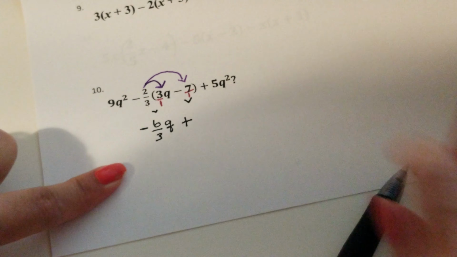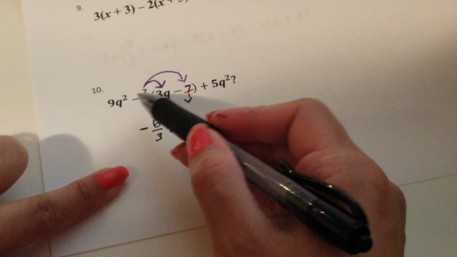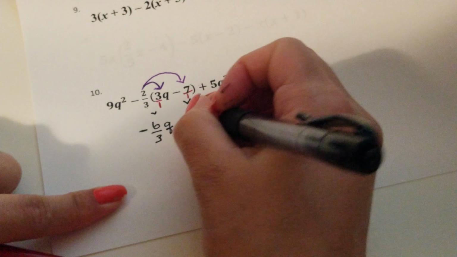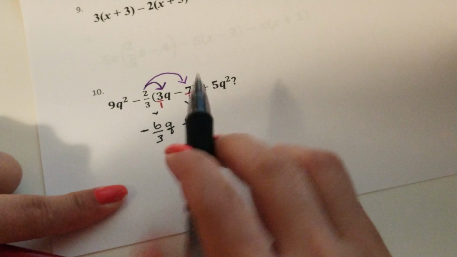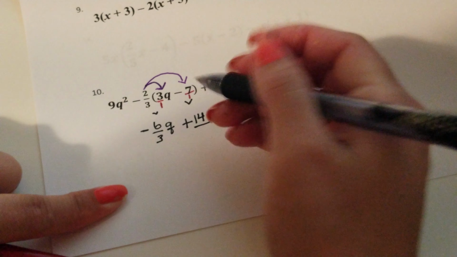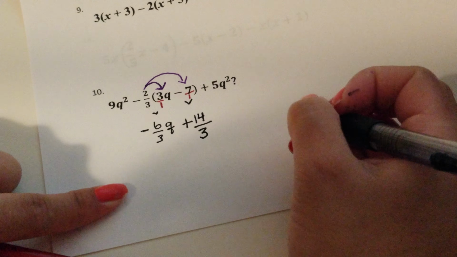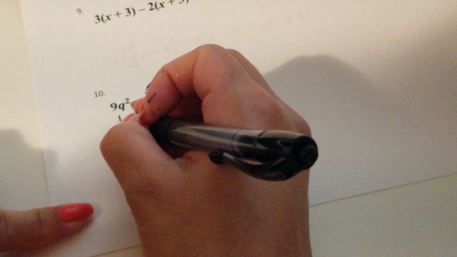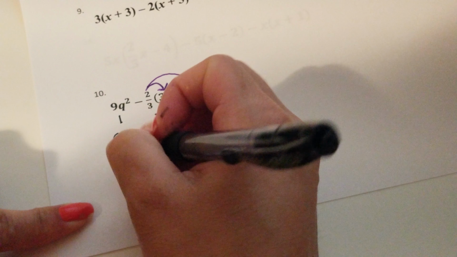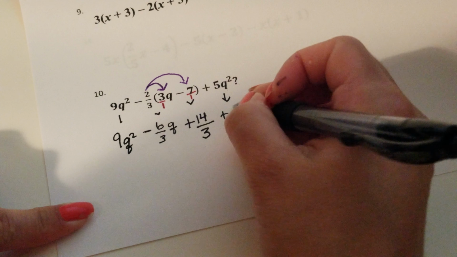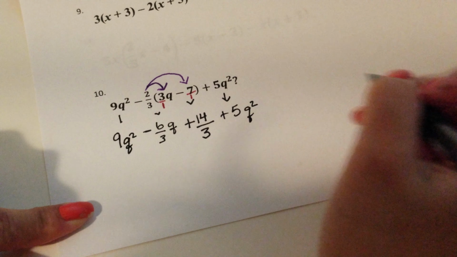So you will multiply negative 2 times negative 7, that's positive 14 on top, divided by, now the bottom numbers, 3 times 1, that's just 3. Okay, and bring down these numbers right here, 9q squared, and bring down this one, plus 5q squared.